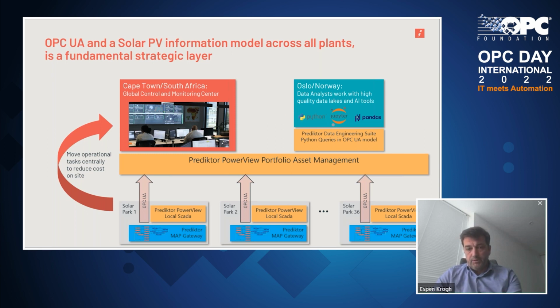So all data is available to the analysts immediately in a rich and structured information model. They use their favorite tools to do whatever calculations they need. The result is that they give best practice advice to the central operating center, and they also create new algorithms based on AI and ML that will be embedded as new functionality in the central portfolio asset management system.